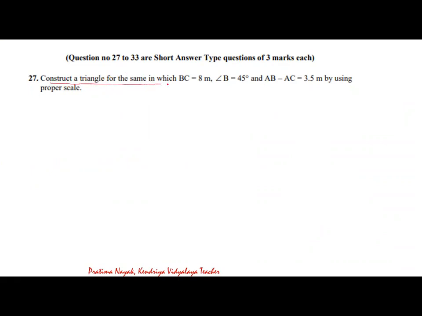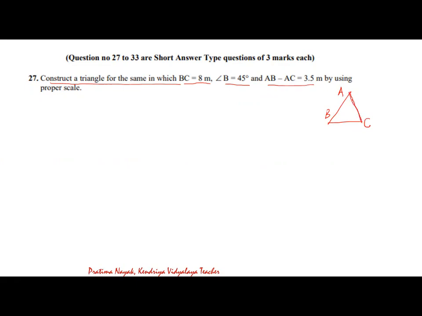Construct a triangle ABC when its BC is equal to 8 centimeter, angle B is 45 degree, AB minus AC is 3.5, by using proper scale. First you have to draw your rough figure to find out how to proceed. Here the AB side is bigger than your AC.